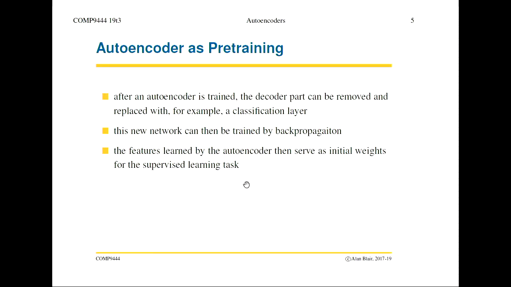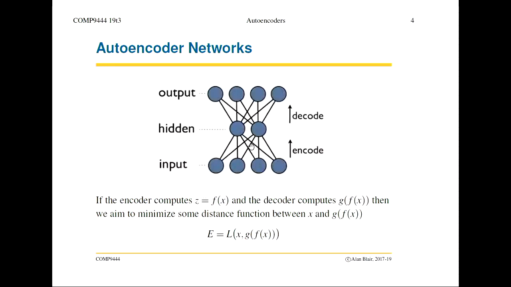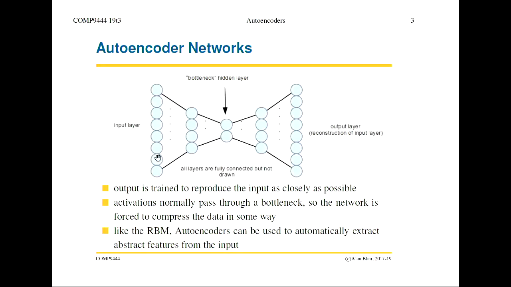And as I mentioned, one of the purposes of this, not the only purpose, but one purpose, is as unsupervised pre-training. Here I've just drawn one layer, but the encoder could have multiple layers. So you could train this thing as an autoencoder, and then when you've finished the training, you can chop off the top part of the network, and then add on a layer that tries to do classification.